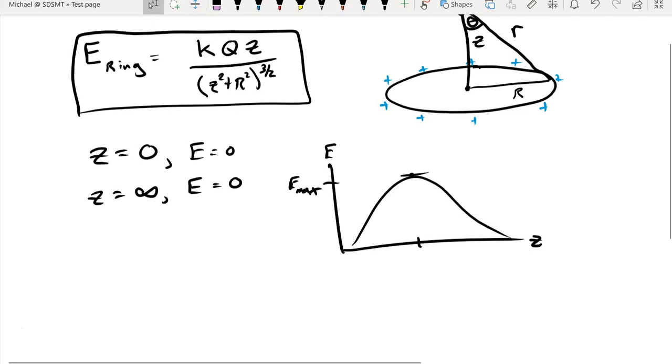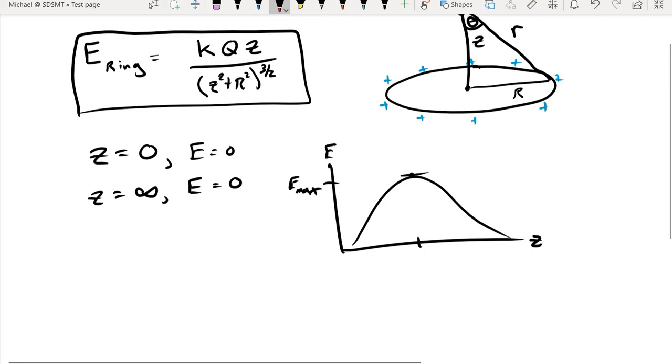Now we can try just randomly plugging in values for z until we achieve something that looks like it's a maximum, but that's just guesswork. There are ways of using the calculus and the math to actually show that we are achieving a maximum for our function. And that actually comes from looking at the slope.